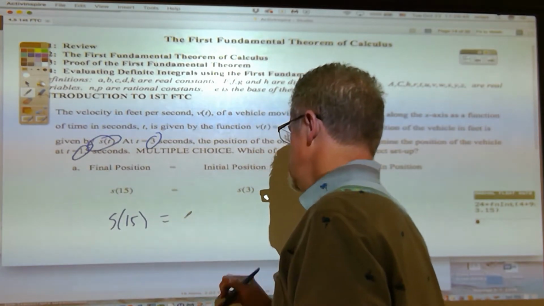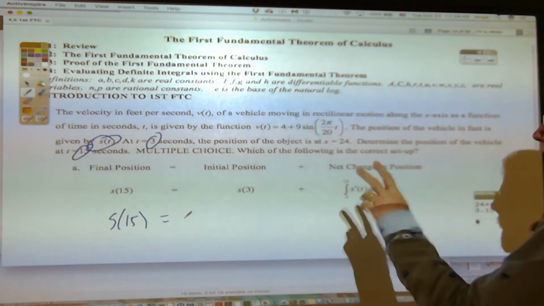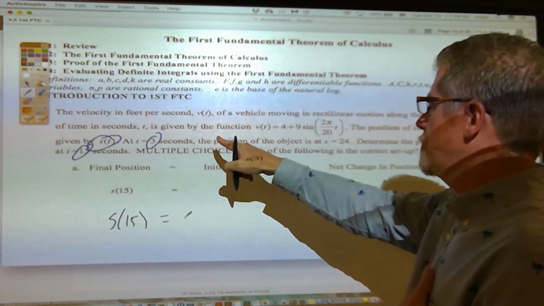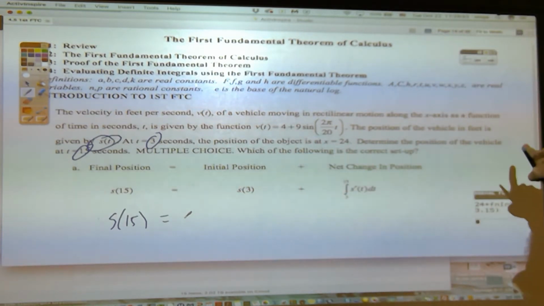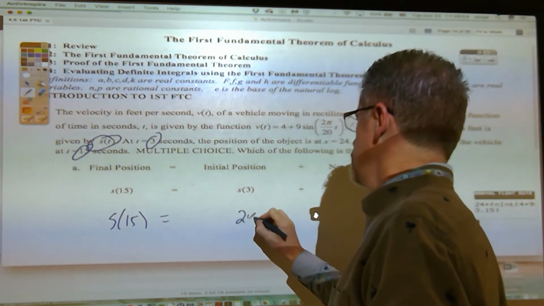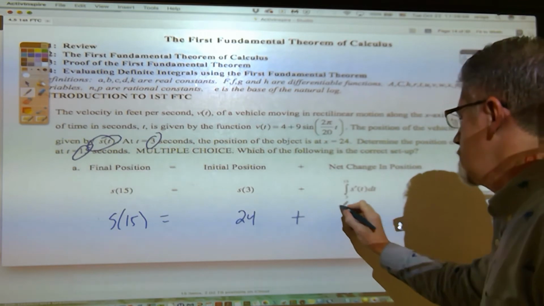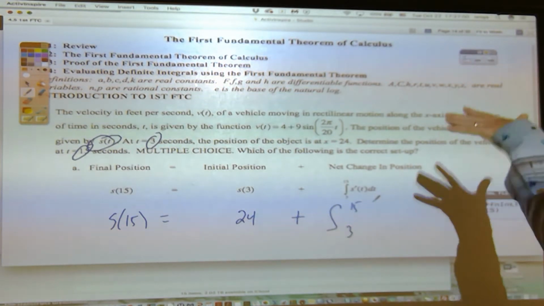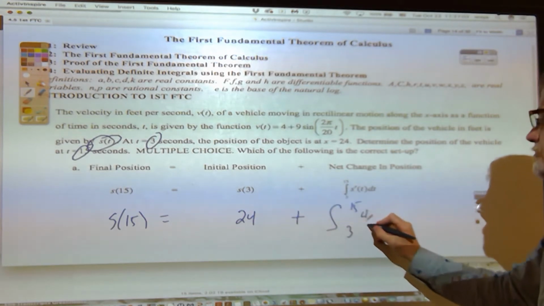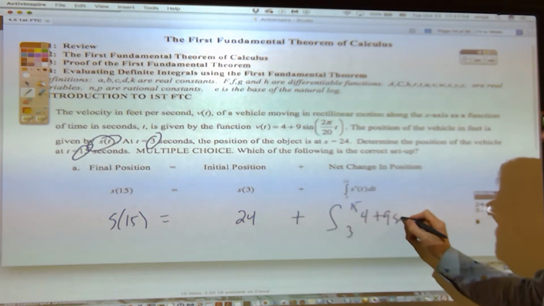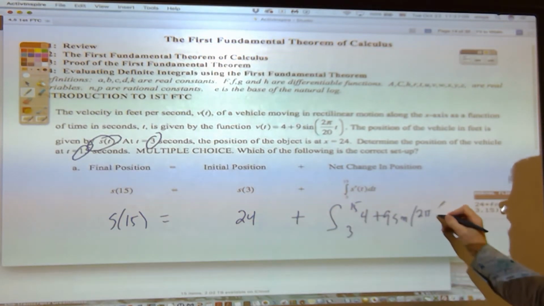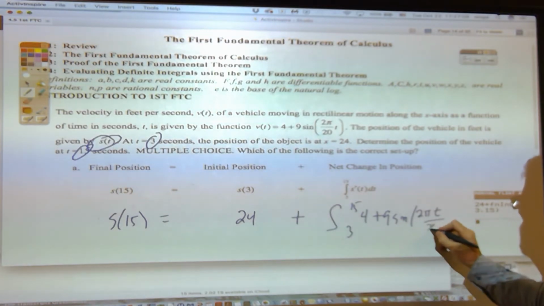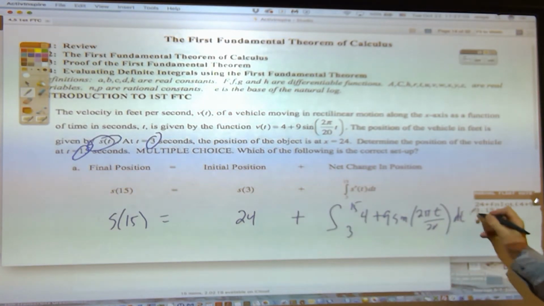So S of 15 would be found by taking S at time 3, which I believe was given, 24, plus the integral from 3 to 15. S prime is velocity. They gave us velocity. So it's just 4 plus 9 sine of 2 pi t over 20 dt.